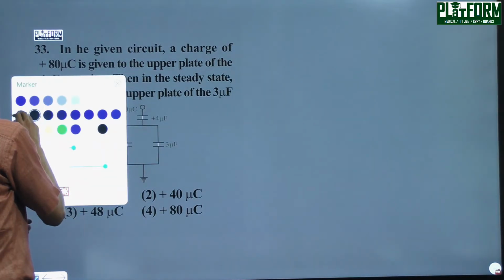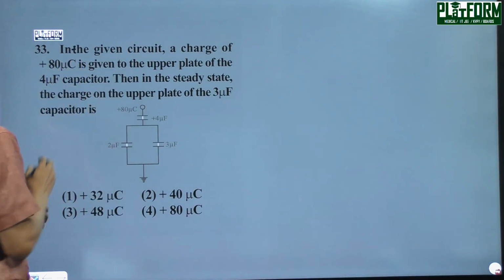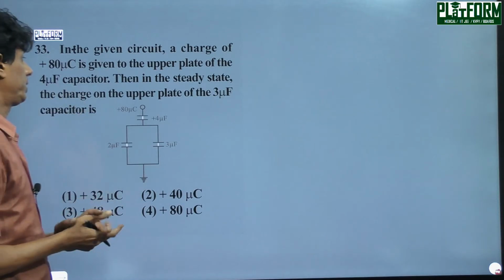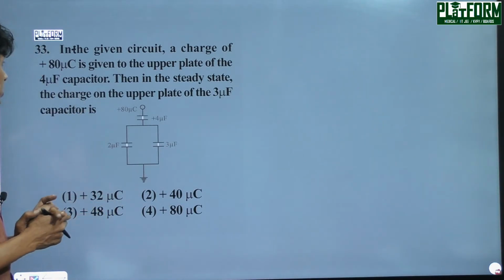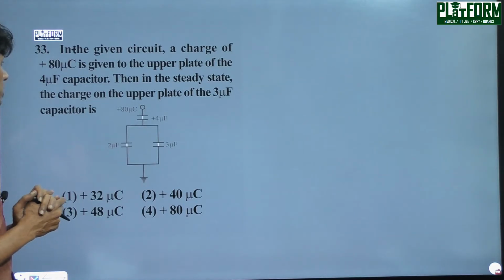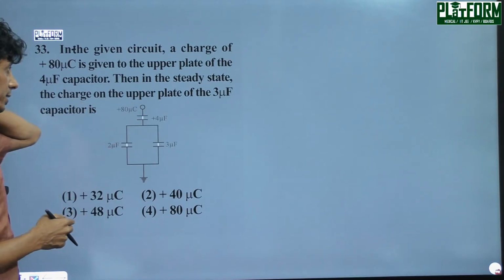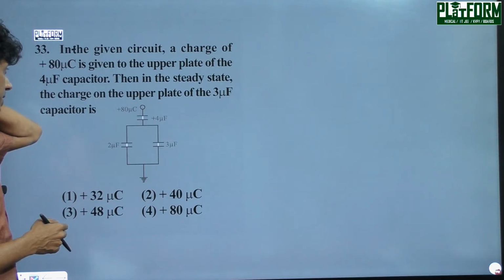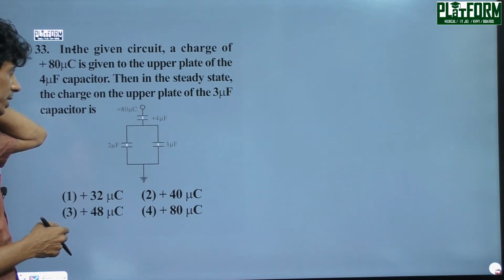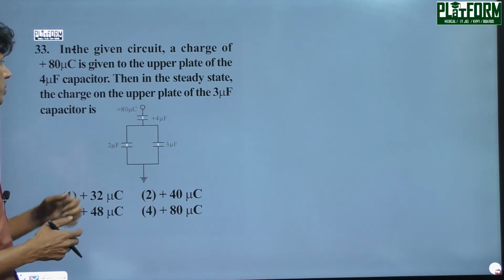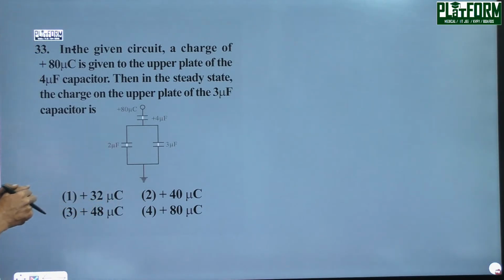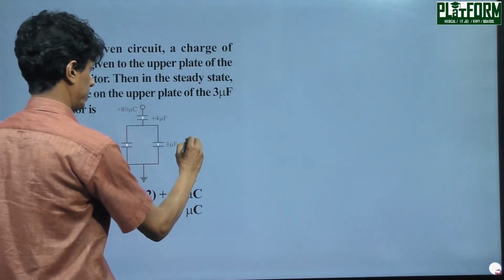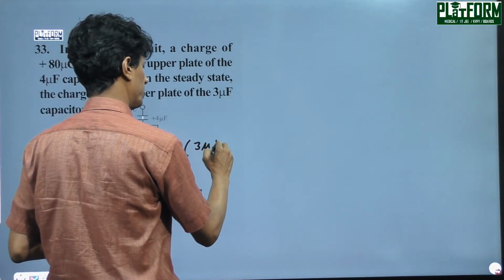In the given circuit, a charge of 80 microcoulomb is given to the upper plate of the capacitor of 4 microfarad. In the steady state, what is the charge on the upper plate of the 3 microfarad capacitor?